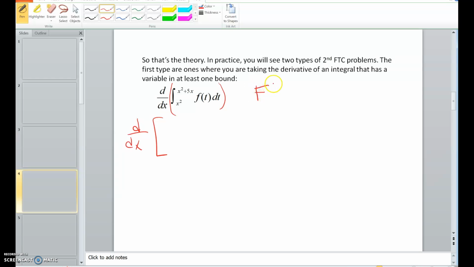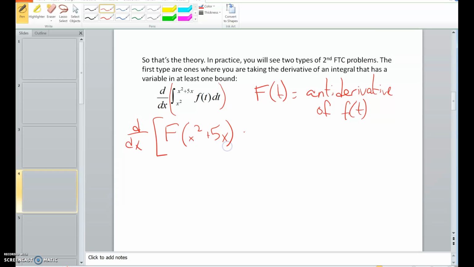I'm going to call it big F. So big F is the antiderivative of little f. So if I do this definite integration problem, then by the first fundamental theorem of calculus, I know I should get capital F of x squared plus 5x minus capital F of x squared.